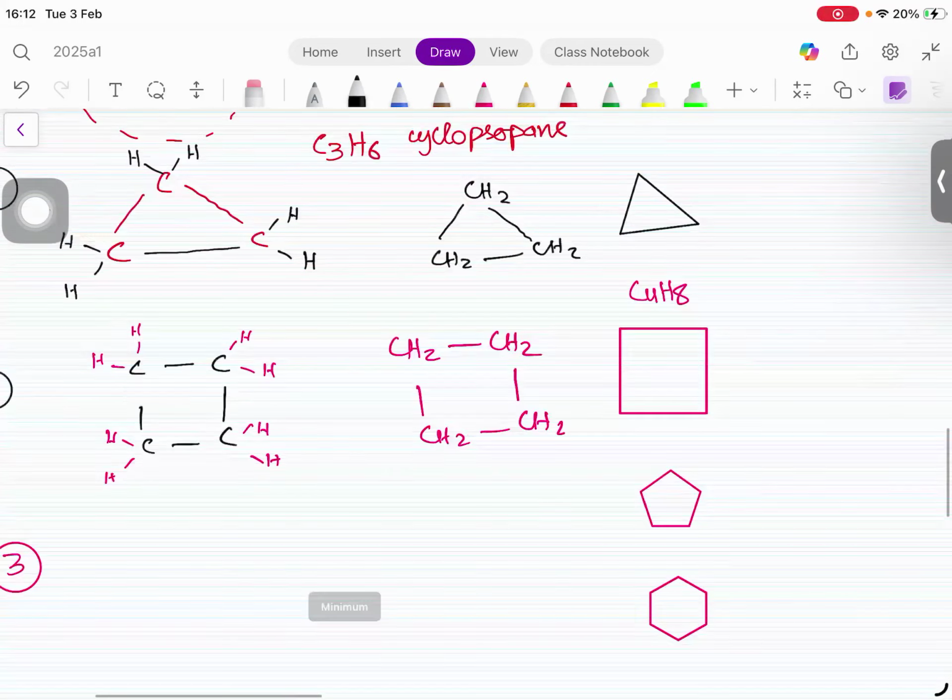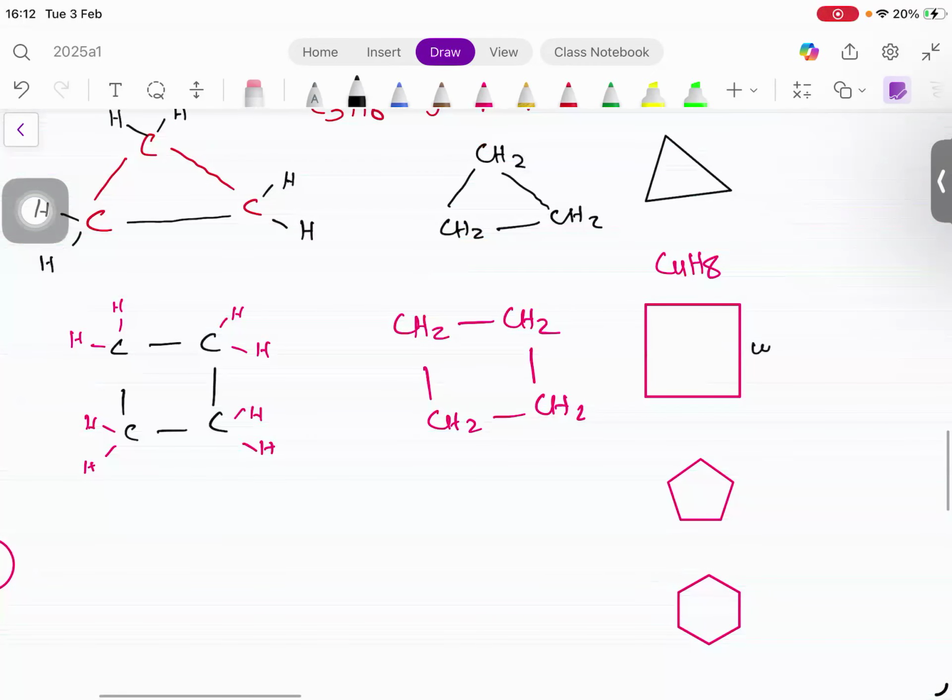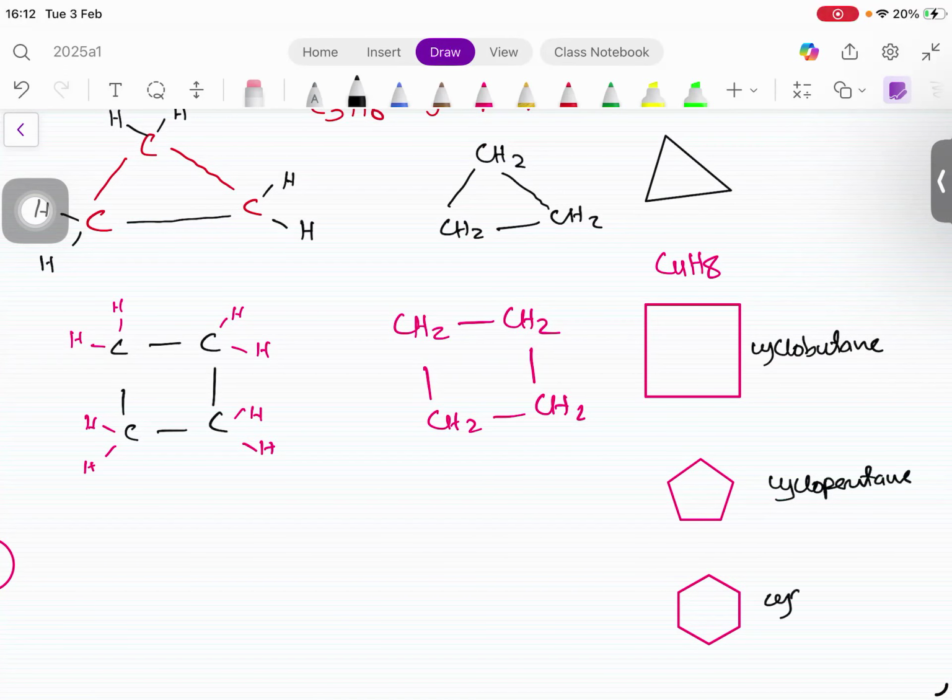Please draw the structural and skeletal. This is cyclobutane. This is cyclopentane. And this is cyclohexane, right? If you look at the general formula, it is CnH2n, okay?